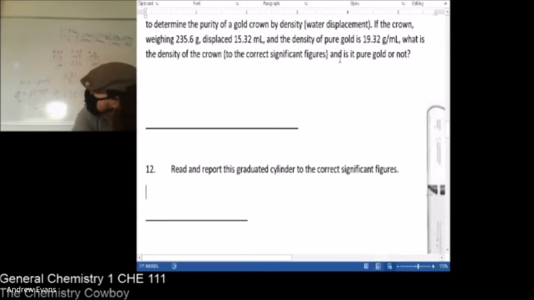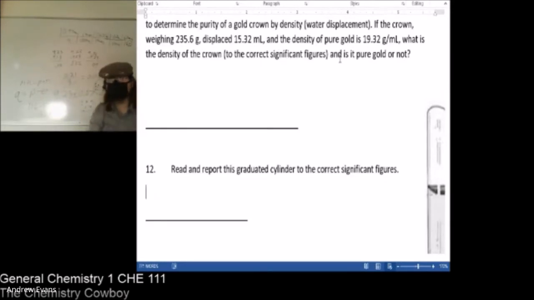Let's see. This one is just another density problem. So the Archimedes principle: essentially, you can tell the purity of an object by its density. If you had a crown that weighed 235 grams and displaced 15.32 mL, what would be its density, and is this pure gold?